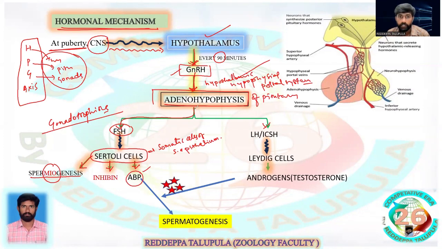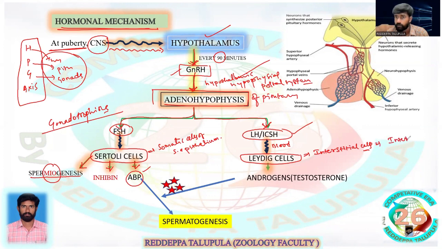Okay. Next, luteinizing hormone is also released from adenohypophysis, and by means of blood, it reaches the Leydig cells, which are the interstitial cells, which are present in intertubular space. Intertubular space.